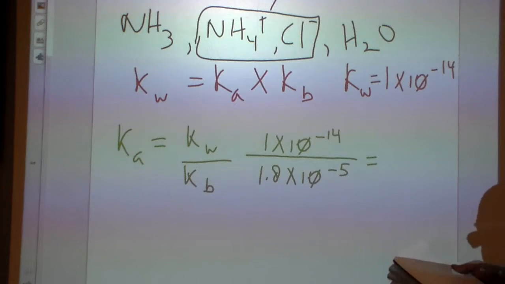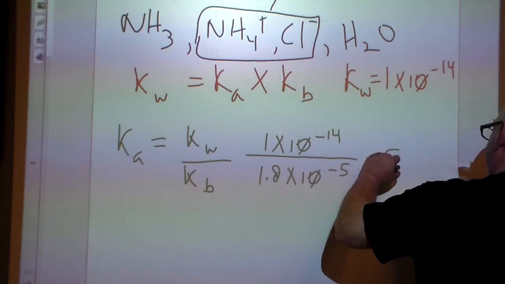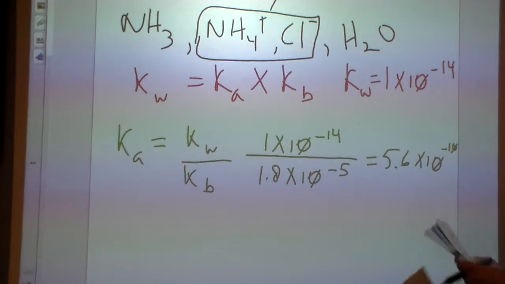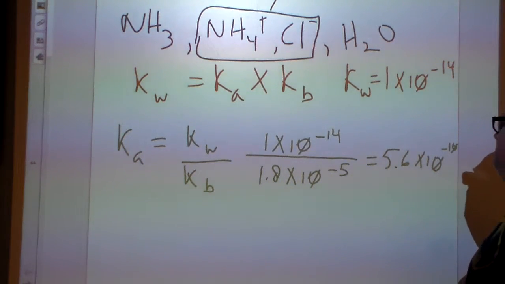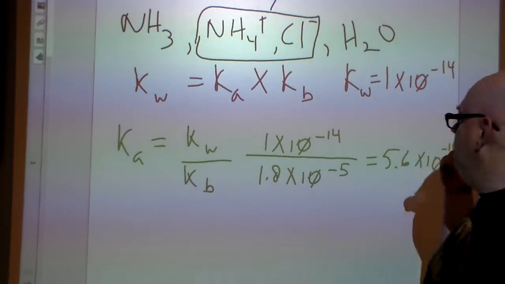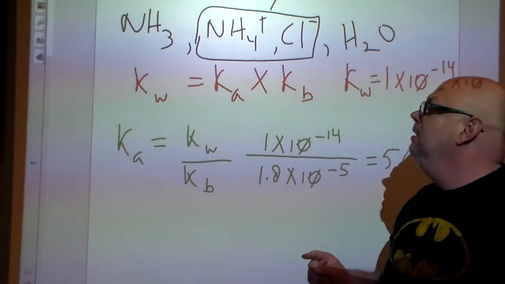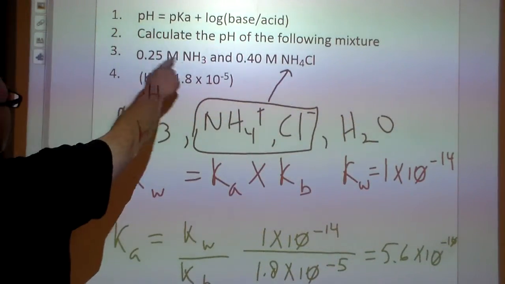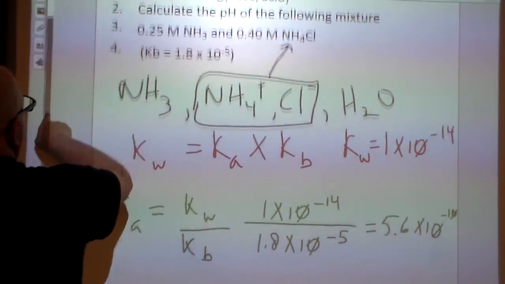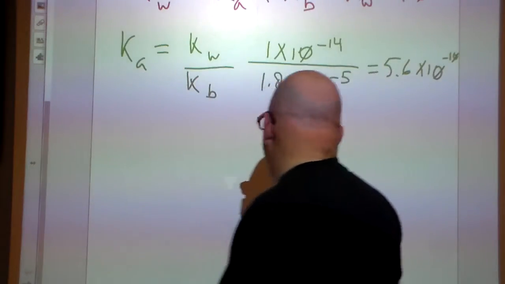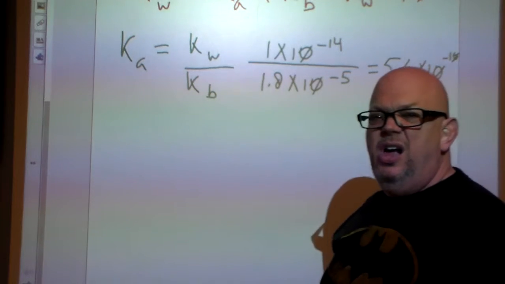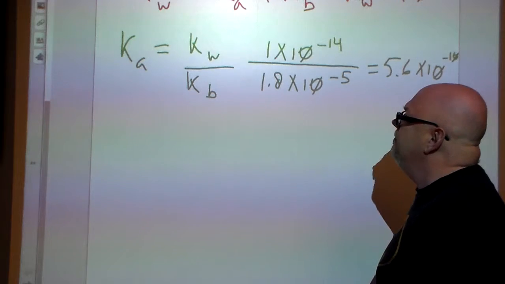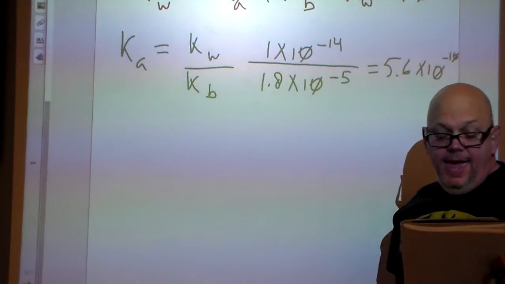We can divide that and we would get 5.6 times 10 to the minus 10th. Wow, that's a very tiny acid dissociation constant, but stop and think about this for a moment. NH3 is your base, and the NH4+ is essentially your conjugate acid. So we've now figured out our Ka.